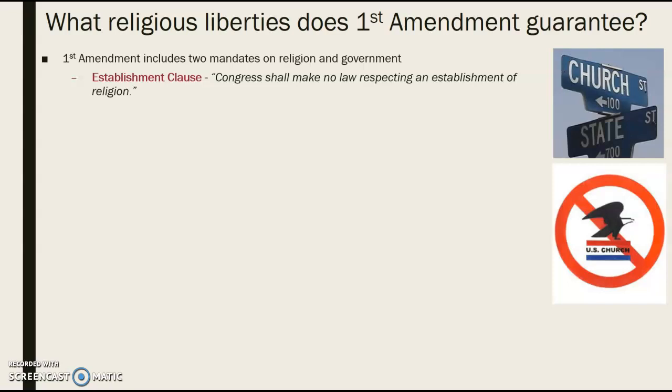What it says is that Congress shall make no law respecting an establishment of religion. So plain and simply, the federal government can't make a law that establishes any preference of any particular religion or even preferencing religion versus non-religion.